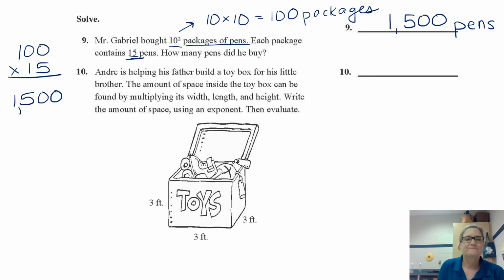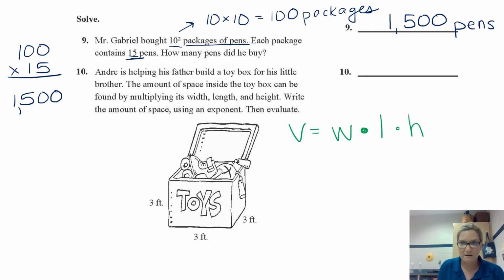All right, here we go. Andre is helping his father build a toy box for his little brother. The amount of space inside the toy box can be found by multiplying its width, length, and height. Write the amount of space using an exponent, then evaluate. So volume equals the width times, I'm going to use a dot here for multiplication, length times height.